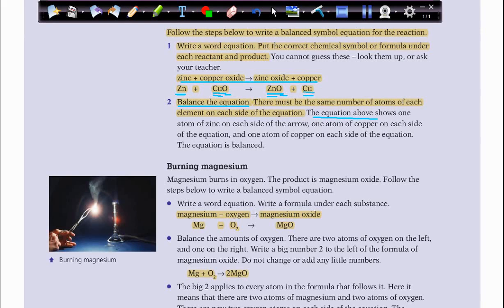The equation shows one atom of zinc on each side of the arrow and one atom of copper on each side. So the equation is balanced.